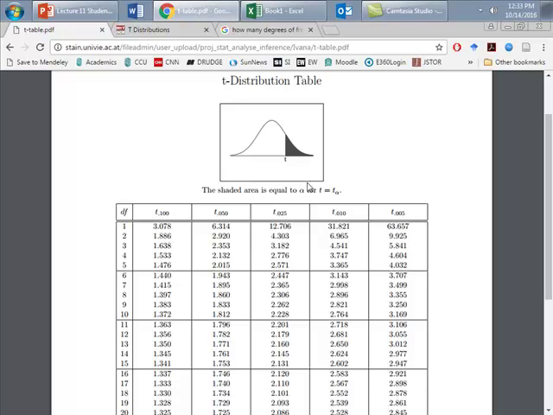I couldn't find one that split that in half. I did find one that had it like at the top it said one-tailed, two-tailed, right? But then I'm like, yeah, people are going to get confused because it says both 0.05 and 0.025, right? So this is what we're going to stick with. We're going to stick with this idea that you have to remember to split it in the tails.